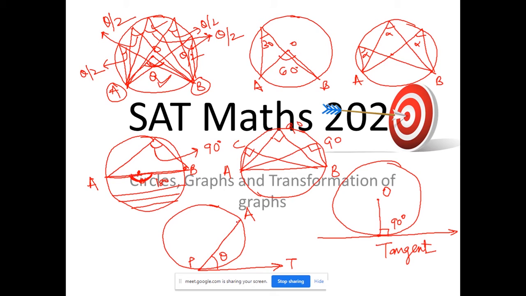The same chord PA, if it makes any other angle at the circumference, let's say it makes an angle again at B, this angle would also be equal to theta.